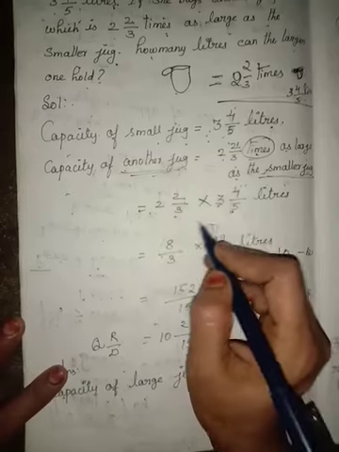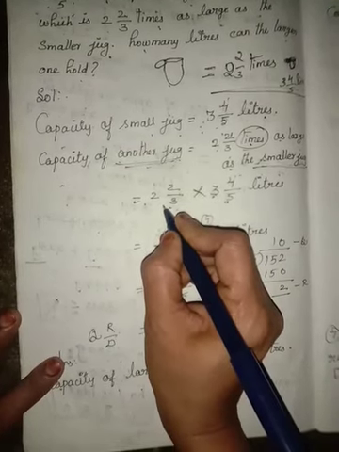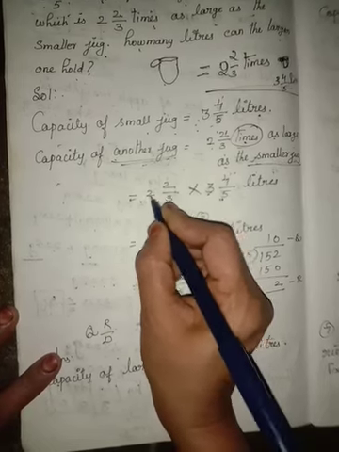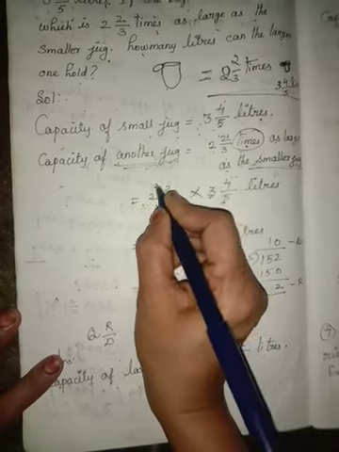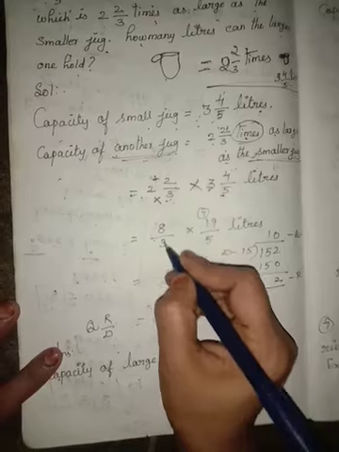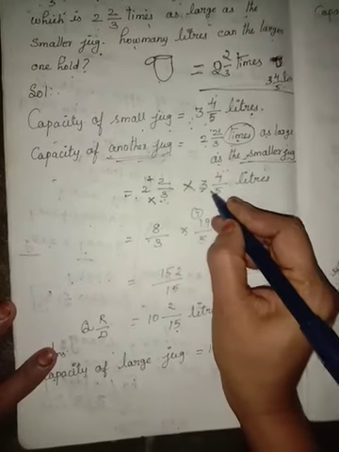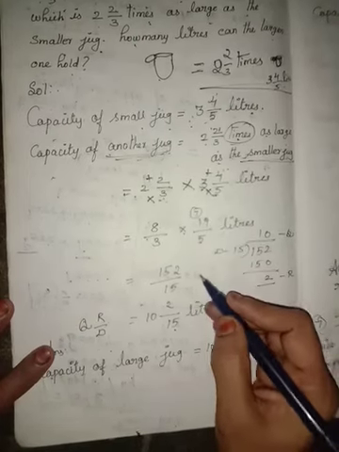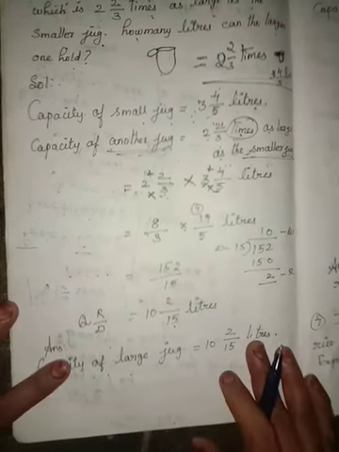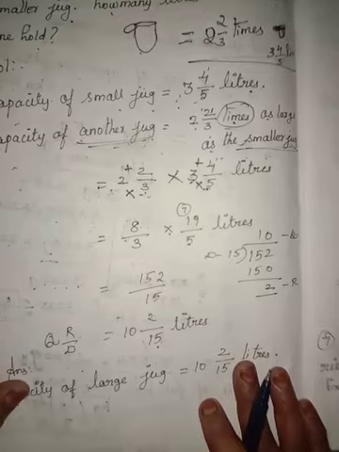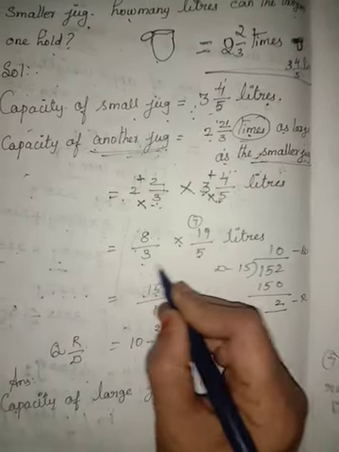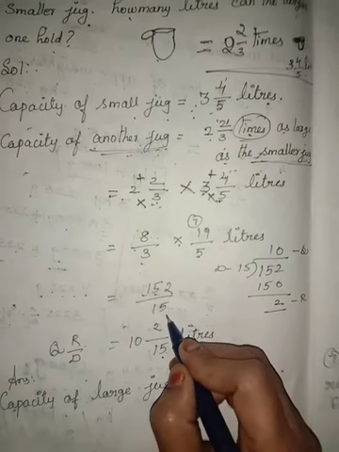So it is a mixed fraction. We must convert them to improper fractions. So 2 3s are 6, 6 plus 2 is 8, 8 by 3 into 3 5s are 15, 15 plus 4 is 19 by 5. Now simplify the numerator and denominator. Multiplying the numerators together 152, multiplying the denominators together 15.